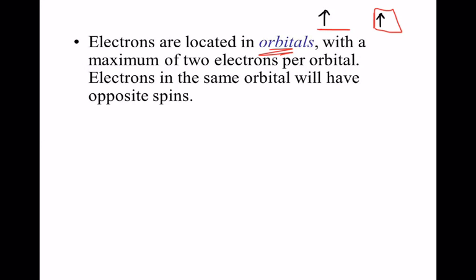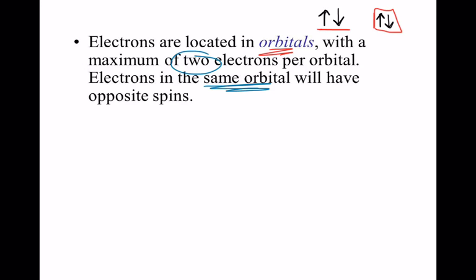Now this last little bit, where it says electrons in the same orbital, it says you can put two, and I'm going to put a second one in these orbitals here in a minute. But if you have two electrons sharing the same orbital, they need to have what we call opposite spins. So to show opposite spins, what we do is we go ahead and draw an arrow pointing down.